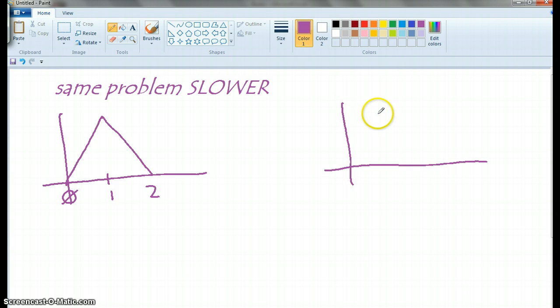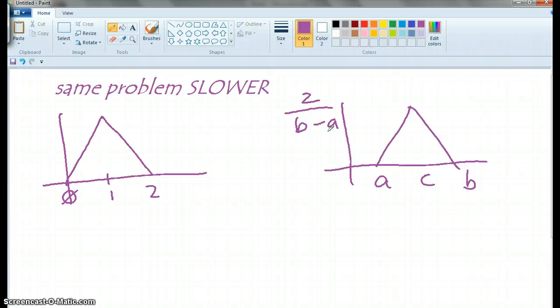So that rule had an A, a C, a B, and a 2 over B minus A. Okay? Is that cool? Because that's actually in the diagram. So what's our height here going to be? What's our A? 0. What's our B?